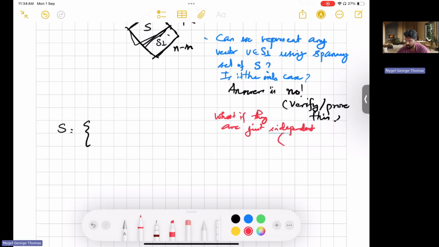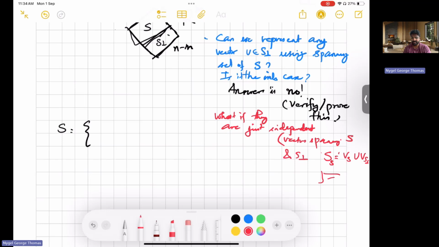What I mean here is that the vectors spanning S and S complement, if you put them together as a bigger set, a superset, a spanning set of the union sort of.